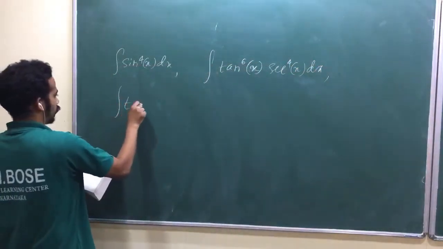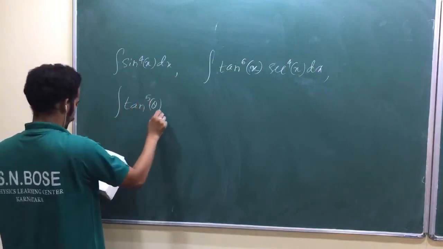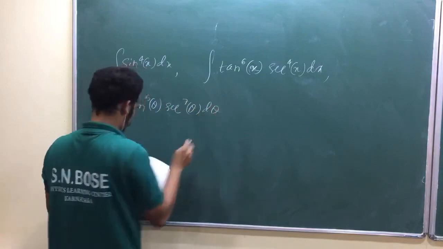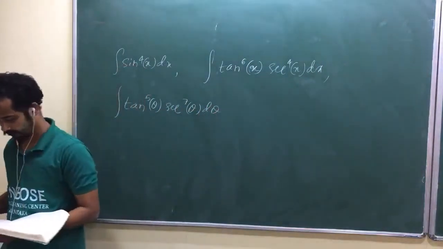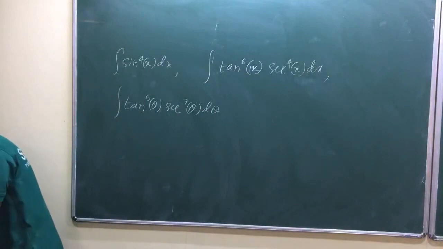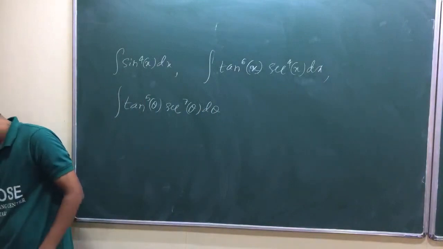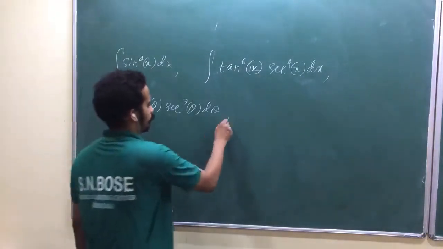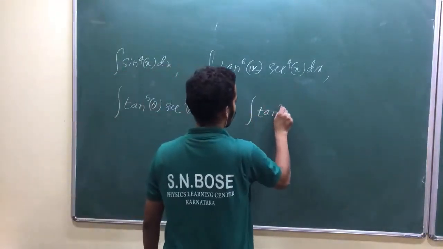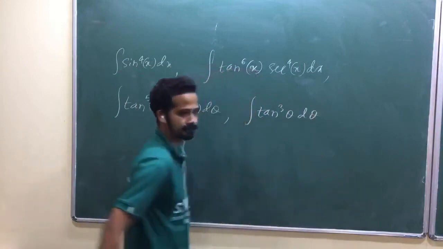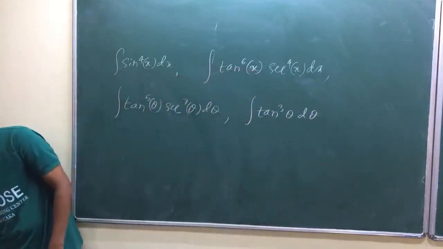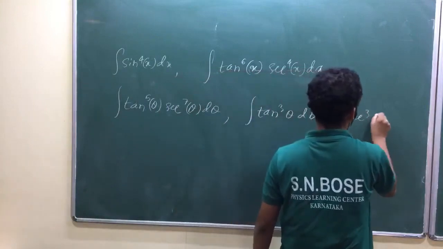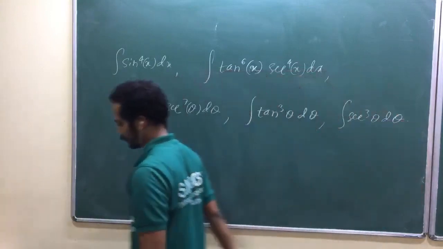Integral of tan raised to 5 theta into secant raised to 7 theta d theta. Integral of tan cube theta d theta. Similarly, integral of secant cube theta d theta. Do this as a practice.